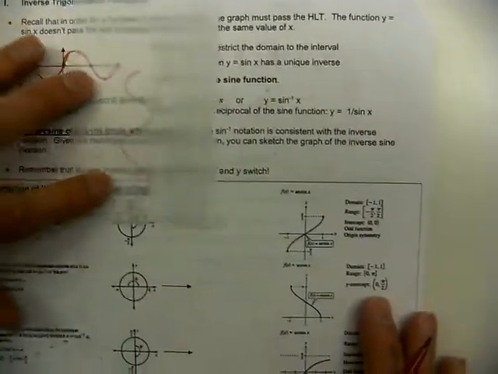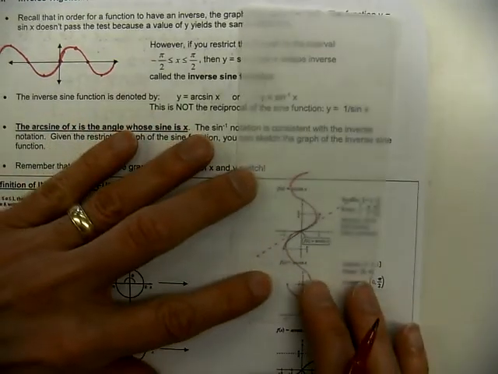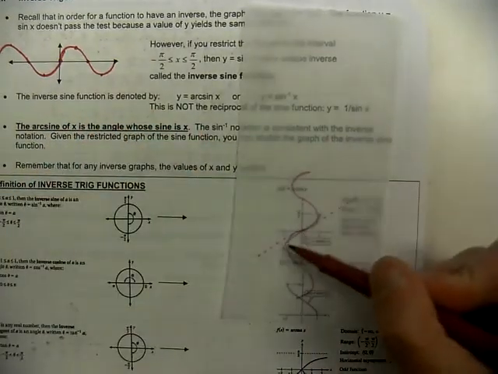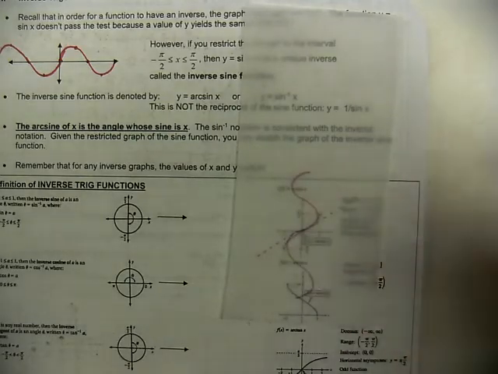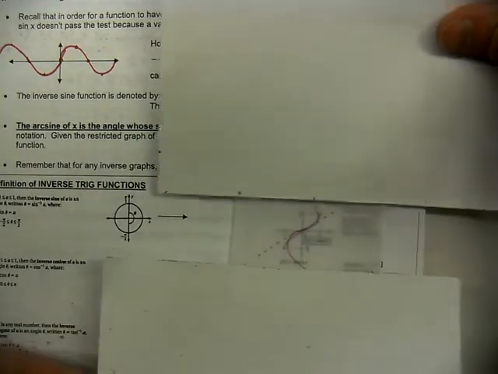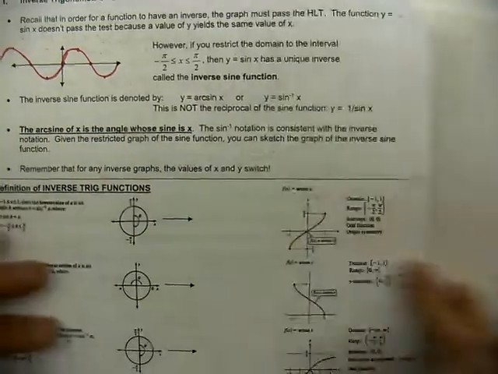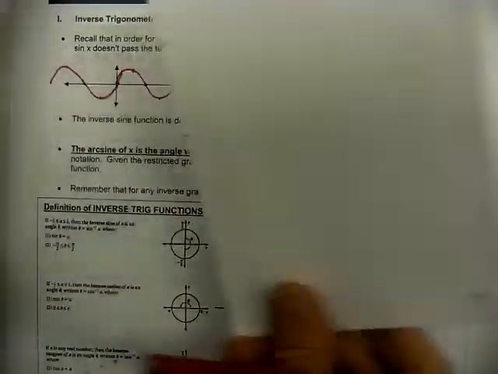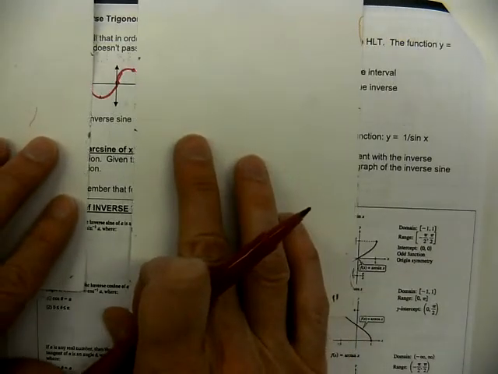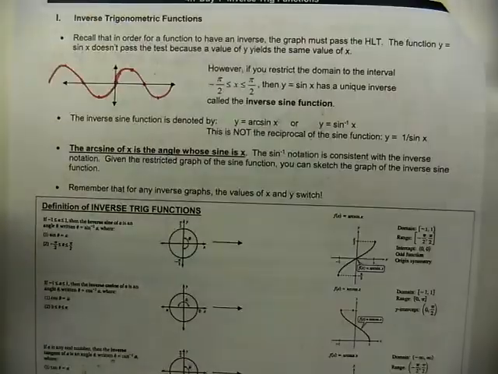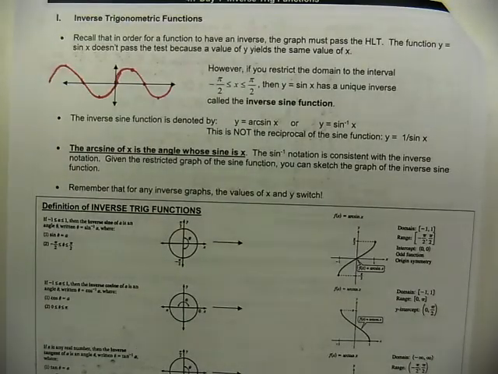And if we were to take that over here to the box in the middle, what we're doing is we're taking that reflected sine graph and we're narrowing the window down until we have just that really small part of the original so that it can now pass the vertical line test. So in other words, we're taking the sine curve and we're narrowing it down like this. We're only using a small part of it, and then we're reflecting that part across the 45-degree line. That way, we can now use the inverse sine.